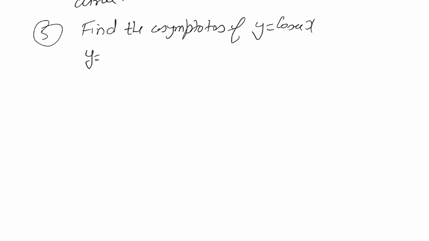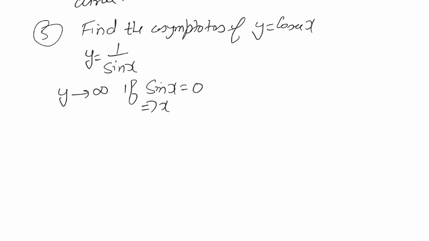We know cosecant x can be written as 1 by sin x. y will become infinity if sin x is equal to 0, and sin x will be 0 when x will be n pi, where n belongs to set of integers. And you once again know set of integers is equal to 0, plus minus 1, plus minus 2, and so on.